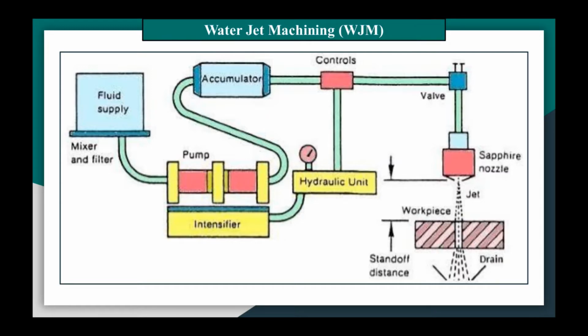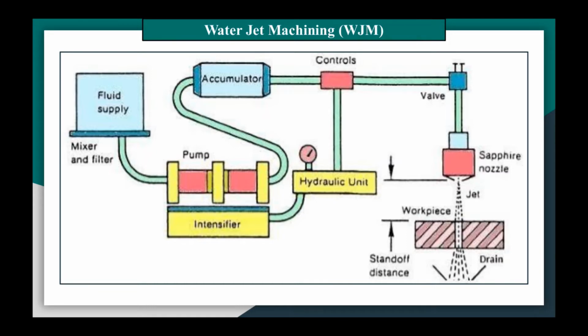This pressurized water is then discharged with the help of a small diameter nozzle that converts the pressure energy into kinetic energy, and the water jet that comes out of the nozzle possesses enough energy to slice polymeric or organic material. So here you can see how material removal happens, and thus water jet machining is commonly used in food, polymer, and leather industries. So this is the overview of the working principle of water jet machining.